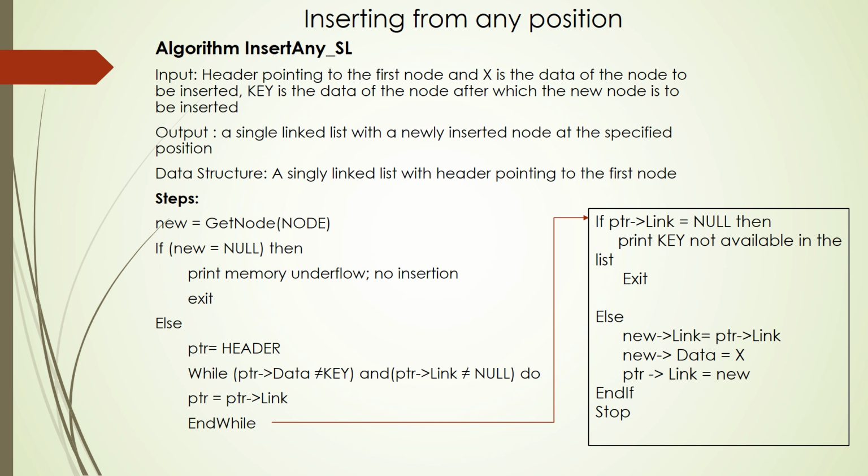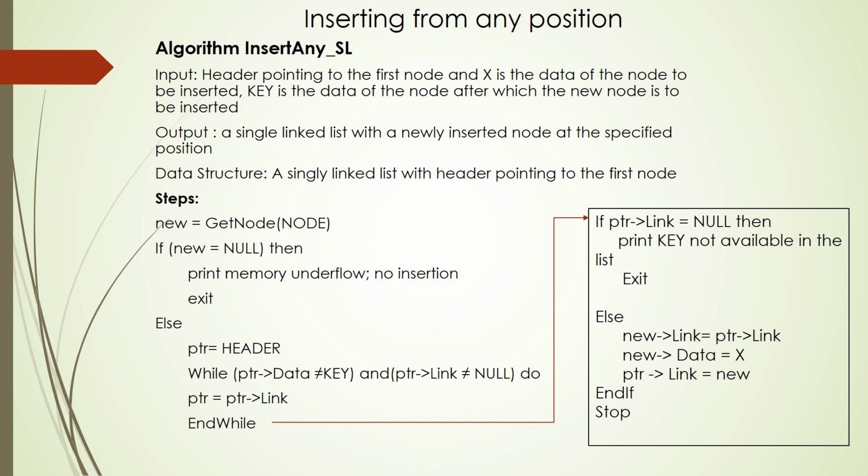Let's see what happens. Before we start, we should have something in our hand. First, you should know the starting address of the existing list, and you should also have the data to be inserted. Along with that, you should have a third value, which is the data value of the node after which the insertion has to happen.